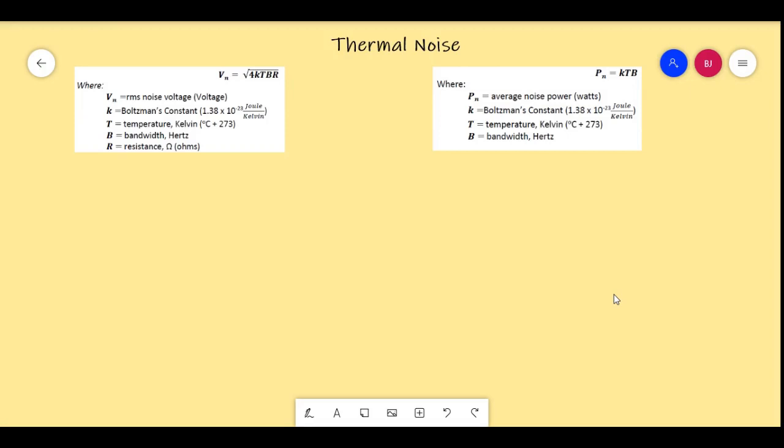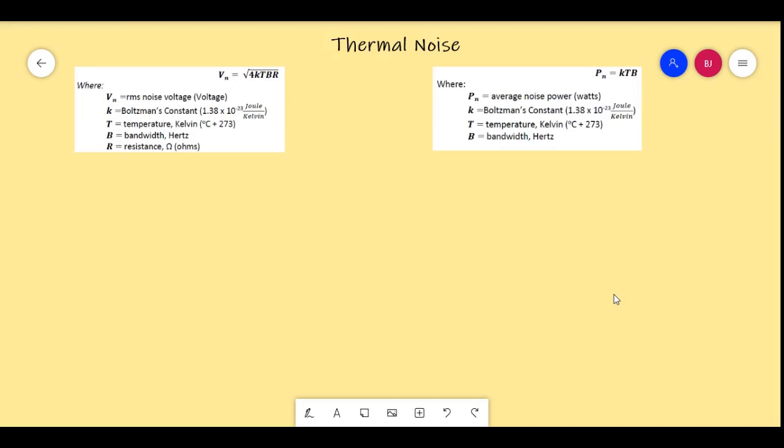Now, with thermal noise, as mentioned a while ago, we can either get its thermal noise voltage or thermal noise power. For noise voltage, it is equal to the square root of 4kTBR, k being Boltzmann's constant, which is 1.38 times 10 to the negative 23 joules per Kelvin.